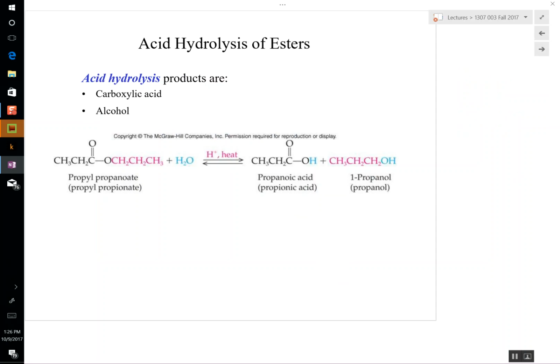Acid hydrolysis. Here's a 3-carbon carboxylic acid, a 3-carbon alcohol portion here. Here's your ester, reacting with water in the presence of an acid. This is color coded, so you can see you've got 2 hydrogens and an oxygen, 1 hydrogen, 2 hydrogens, and an oxygen. There's where your water went. Can you go back to the previous slide?